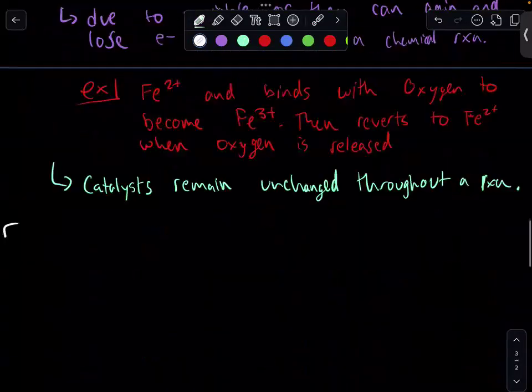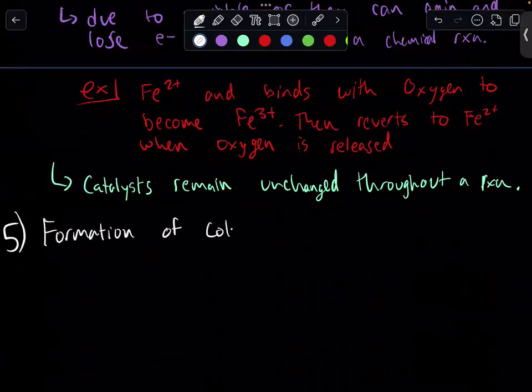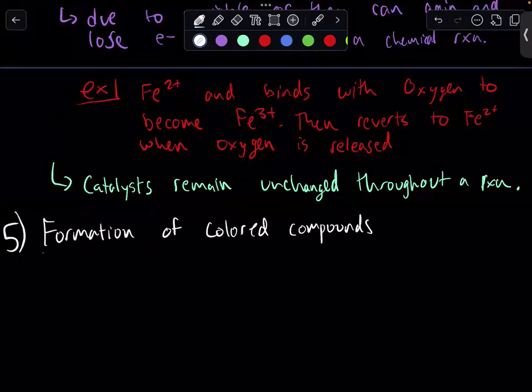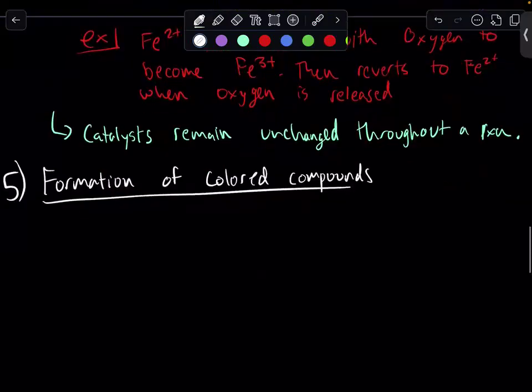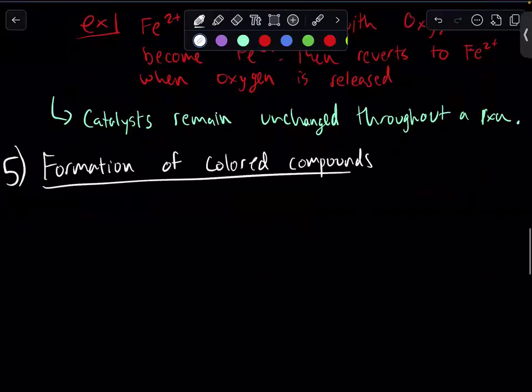We're on number 5. Formation of colored compounds. So whenever you see things like stained glass or cool chemical labs where you see a bunch of different colors, usually those colors come from transition elements.